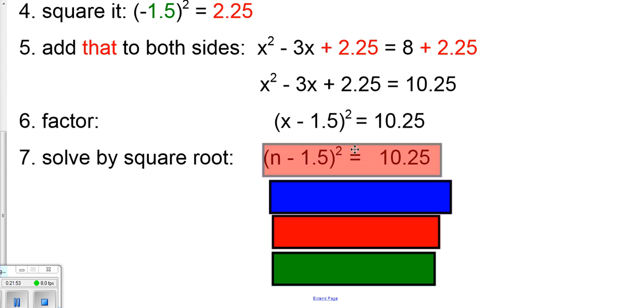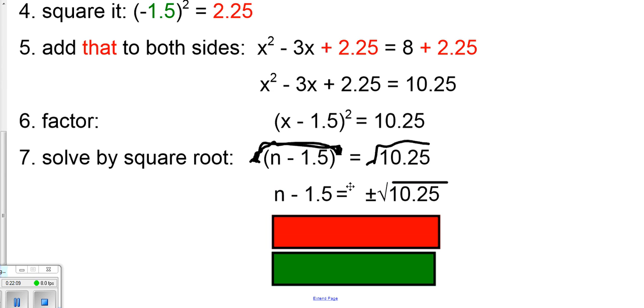Now we just solve by square rooting. Square root of both sides. That's going to cancel out this squared piece. So we just have x minus 1.5 equals square root of 10.25. And again, remember, because this does not come out to an exact answer, just leave it as the square root of 10.25.